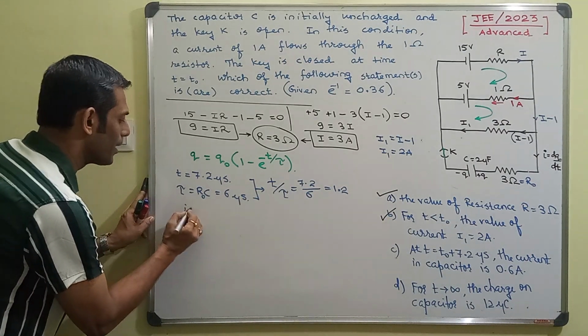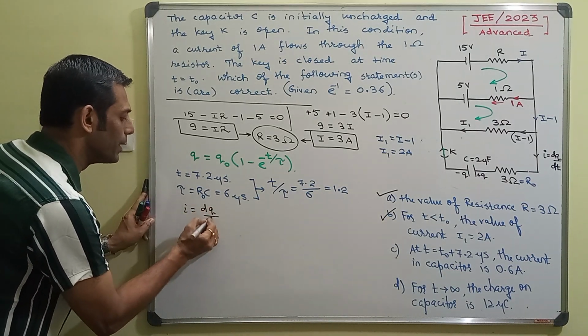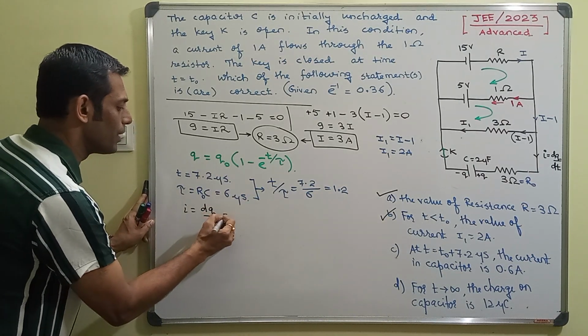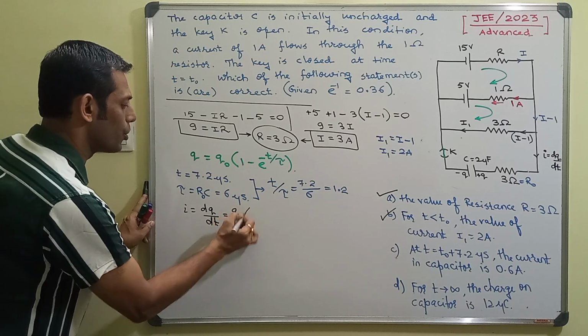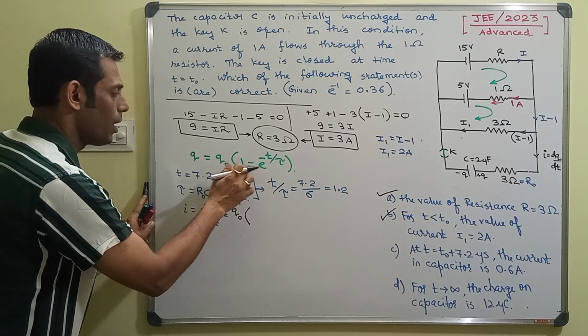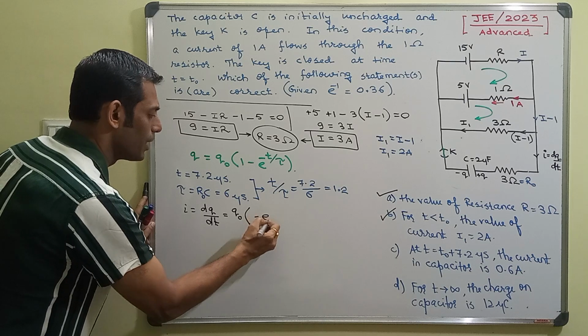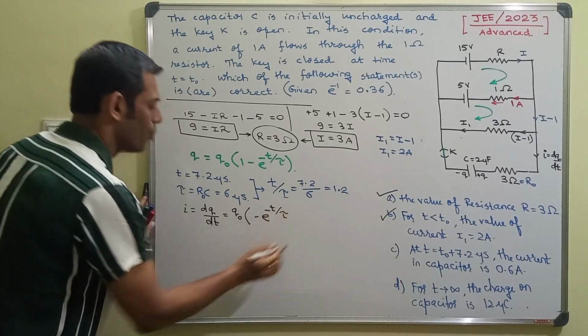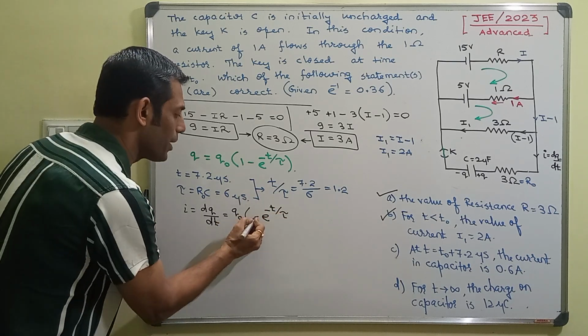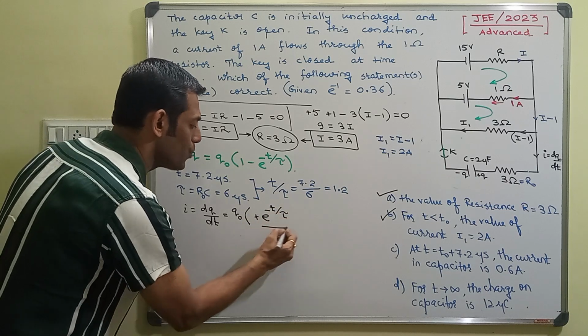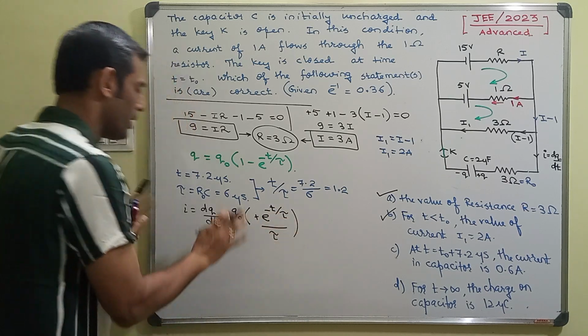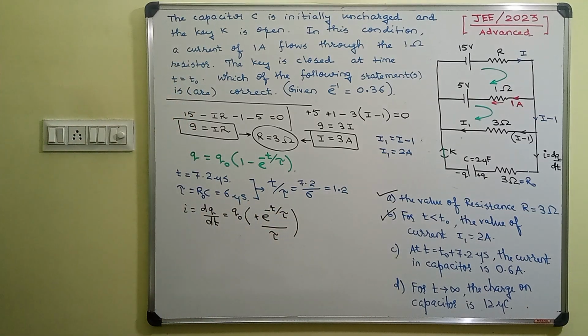So it's a time derivative of this: q naught into the derivative of (1 minus e to the power minus t by tau). The 1 goes, minus remains, e to the power minus t by tau remains, and the derivative of minus t by tau: the derivative of t is 1, and tau comes to the denominator. This is what the current value would be.